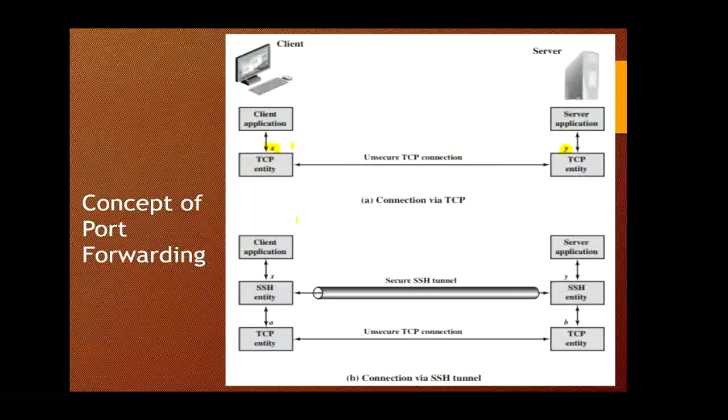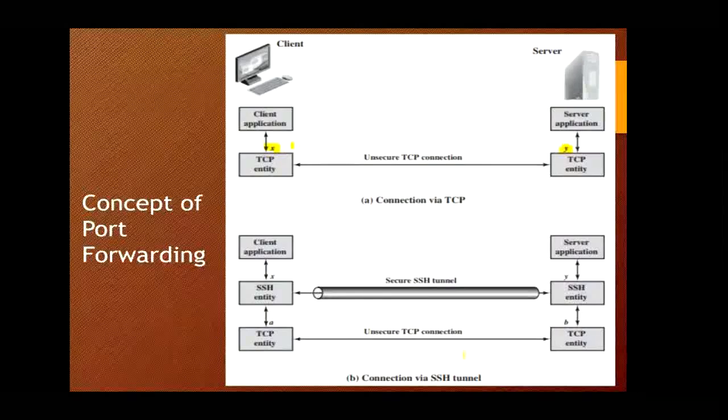This connection will link the port X to the remote port Y. But this kind of connection is insecure, which is why we have specified that it's an insecure TCP connection. So we have the client application with port number X connected to port number Y on the remote side, but the connection is insecure.